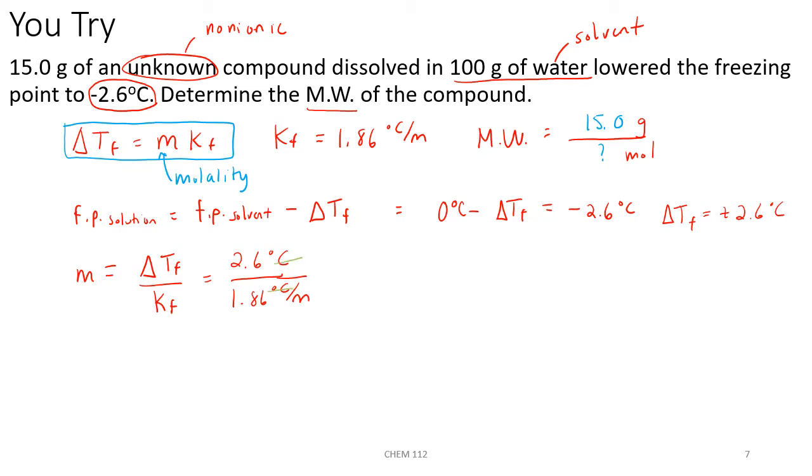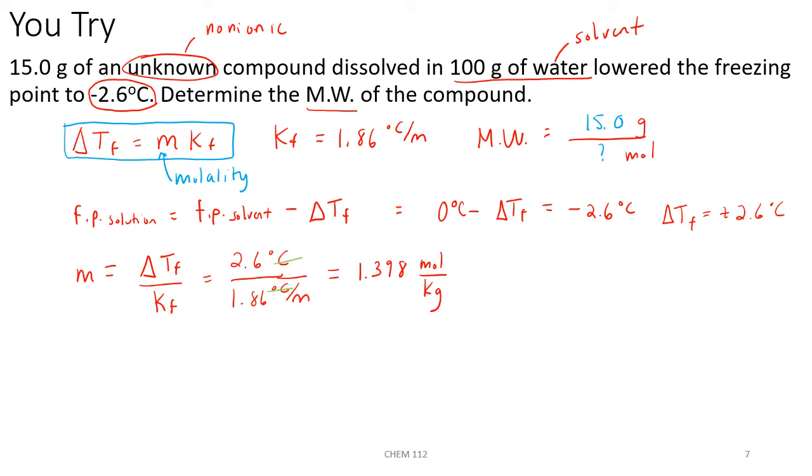Our degrees C's will cancel, and our 1 over molality will flip to just become units of molality. So the molality of this solution is equal to 1.398 moles per kilogram.